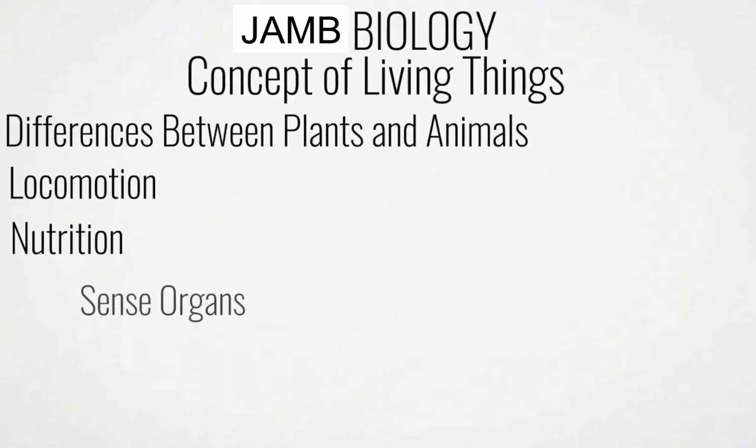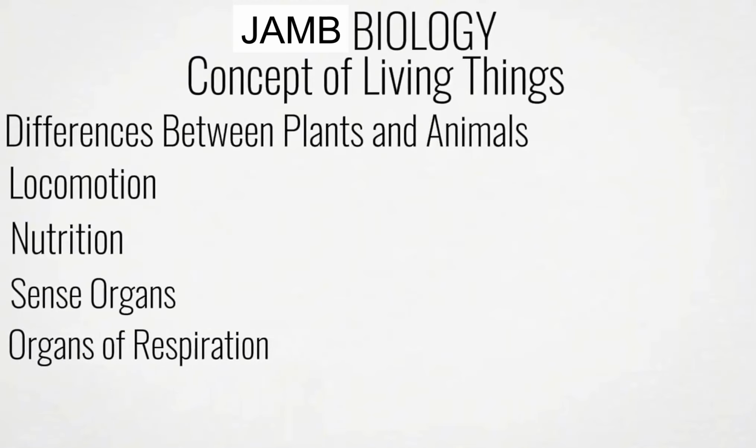The next thing is sense organs. Plants do not have any special sense organ, whereas animals have sense organs that enable them to detect food and escape their enemies. Next, let's talk about organs of respiration. In plants, there are no real organs of respiration, hence the absence of respiratory movements.